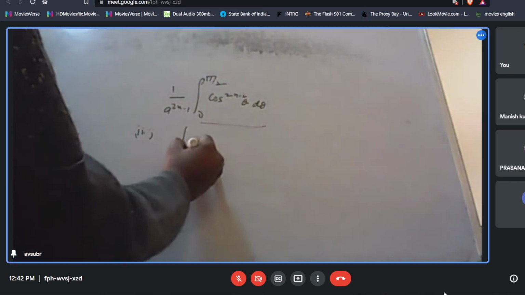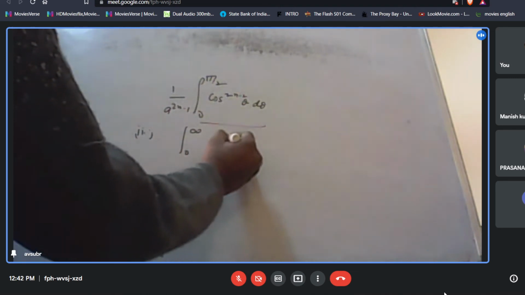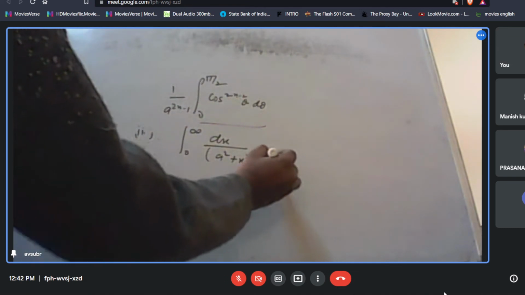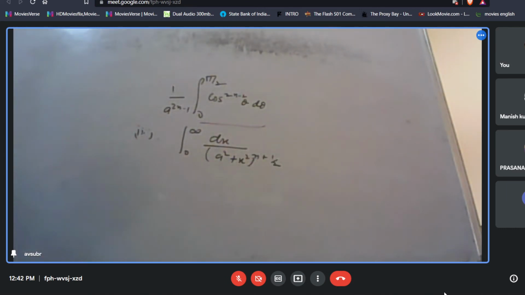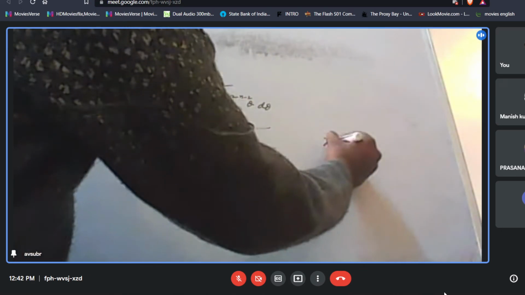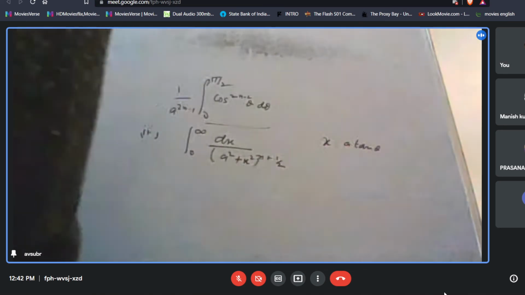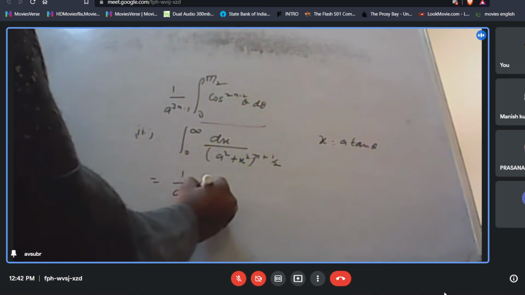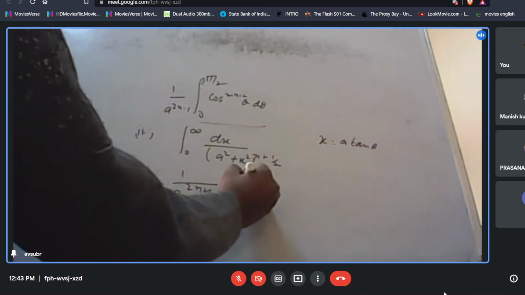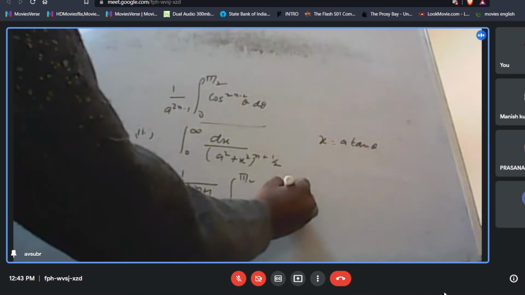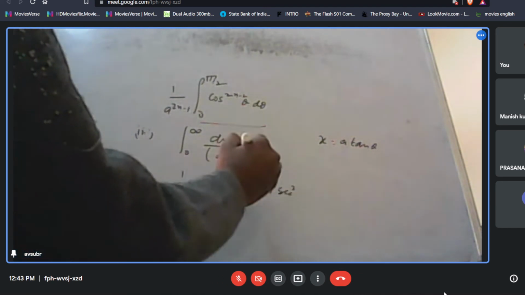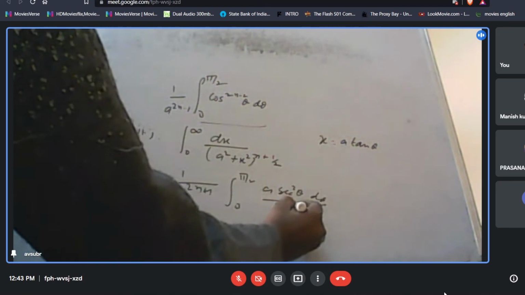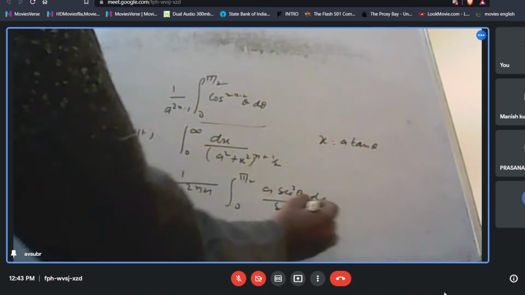We can take one more. Suppose this kind of integral is there: 0 to infinity dx by a square plus x square to the power n plus 1 by 2. So once again, x is equal to a tan theta, and by using this, I can write it as a to the power 2n plus 1, 0 to pi by 2, a sec square theta d theta by sec to the power 2n plus 1 theta.